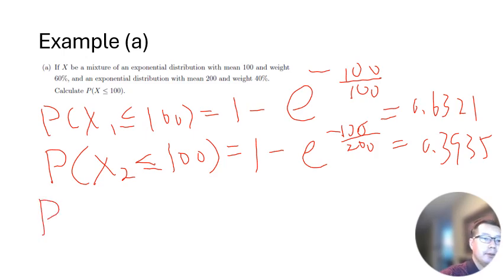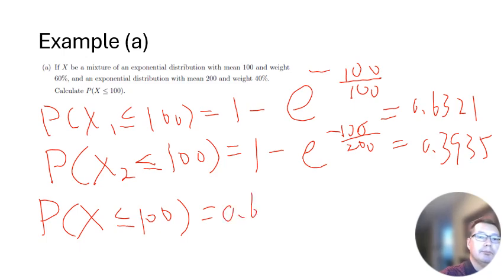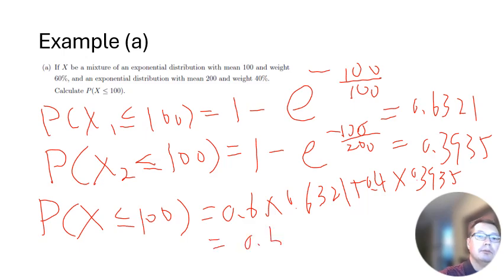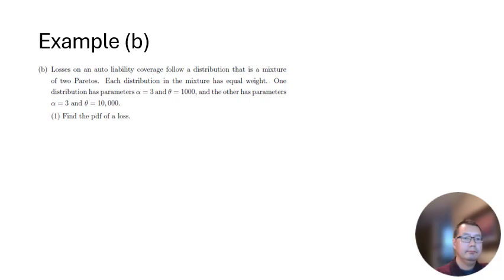Then eventually you will get X, which is just the weighted sum. So the first one is weighted by 60%, plus the second one weighted by 40%. Then you will get the final result to be 0.5 67. Okay, so this is a very simple example just to demonstrate the formula.